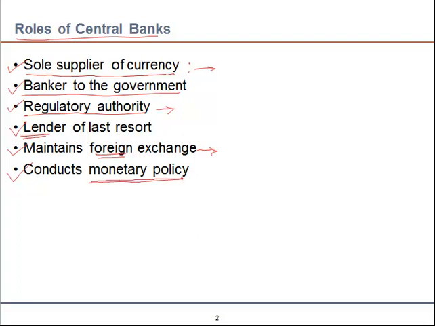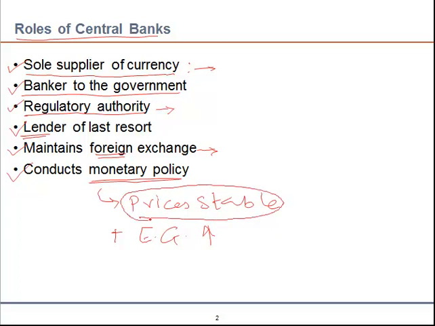Monetary policy's main objective is to keep prices stable and improve the economic growth. Keeping the prices stable and achieving economic growth is a big task. So these are the 6 roles of the central bank.